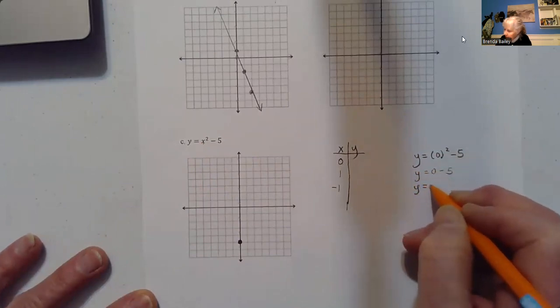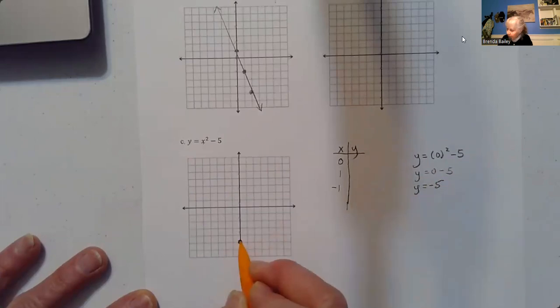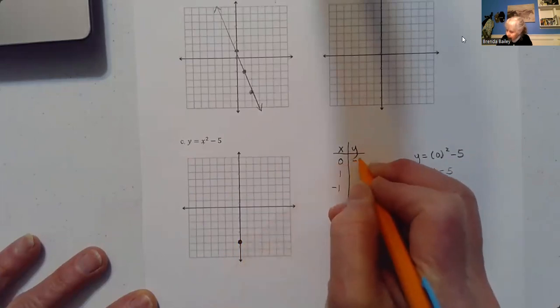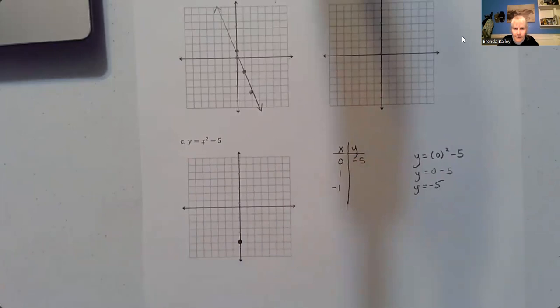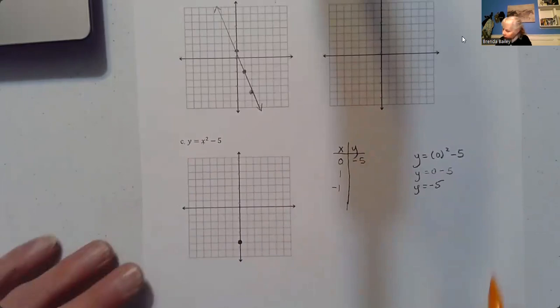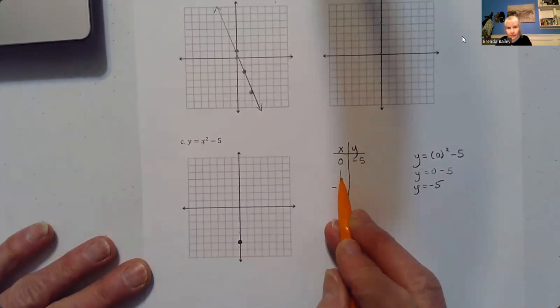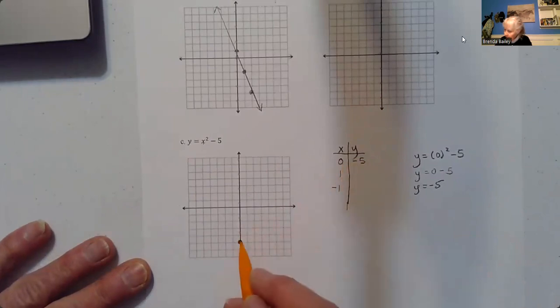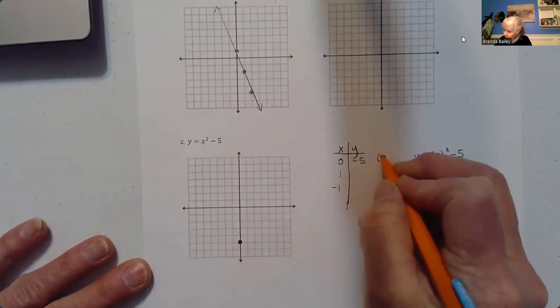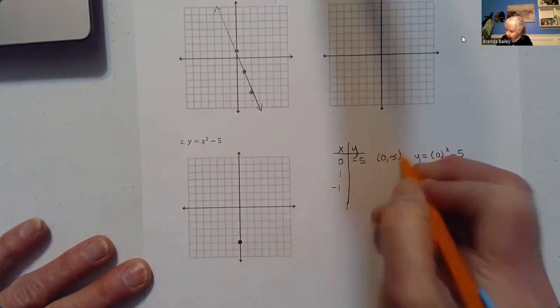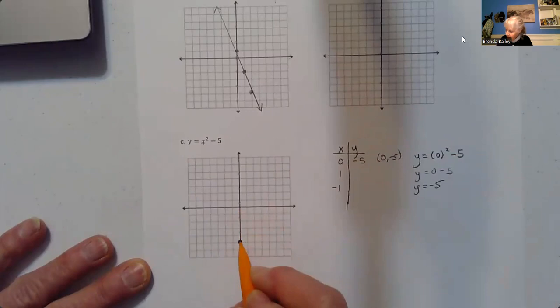Y is a -5. That's where I got that point right there: 0, -5. Let me write it as an ordered pair: 0 on the x, -5.